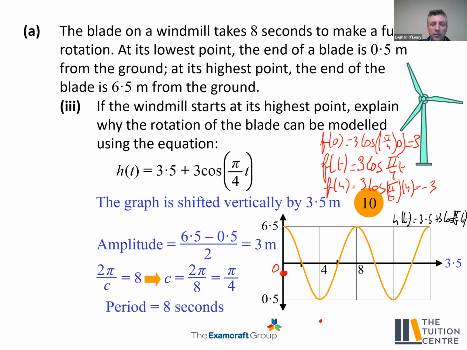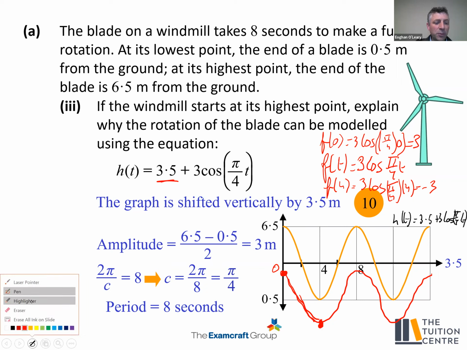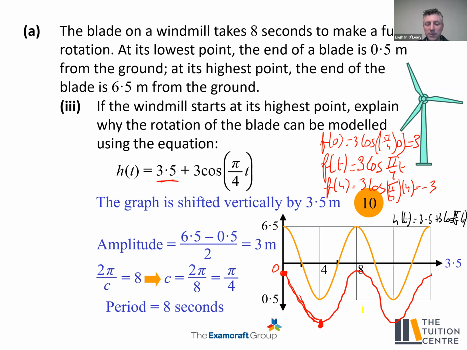Okay, so this would be the function. It might even dip a little bit lower than that here. And you would rotate back upwards, back downwards, and back up again. Okay, so if there was no 3.5, that would be the function you would be dealing with.